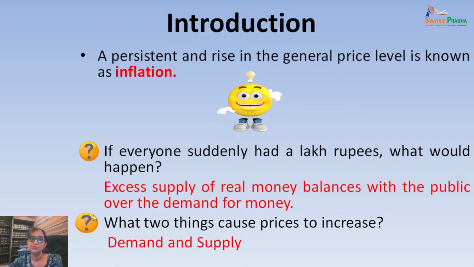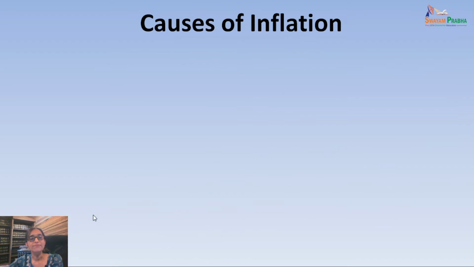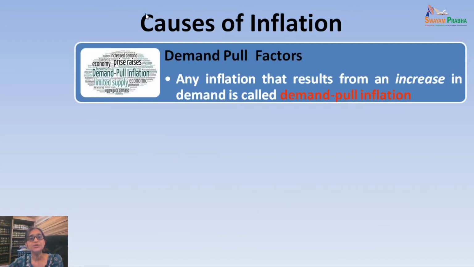When we talk about causes of inflation, we will say that inflation, as we have just understood, can be due to the demand pull factors. Any inflation that is because the demand has increased, that rise in price is known as demand pull inflation.